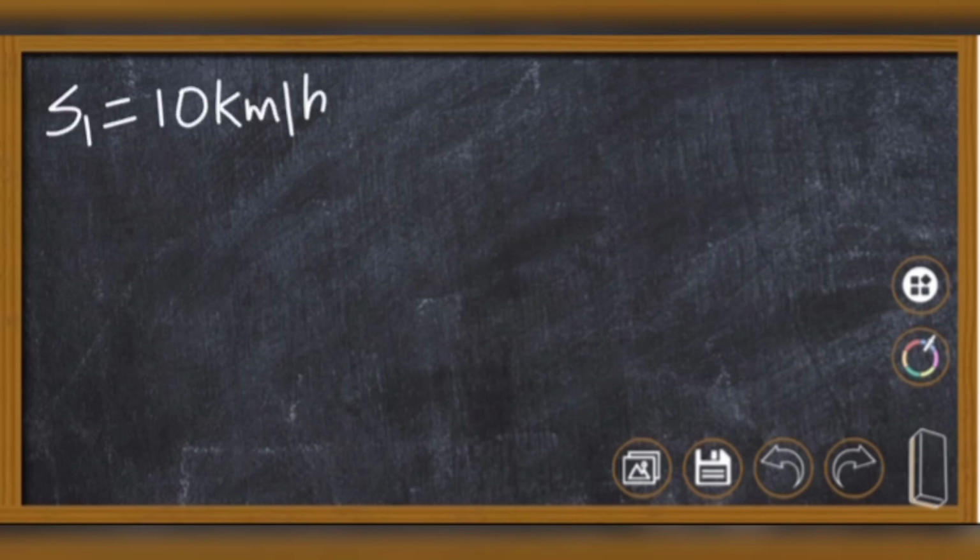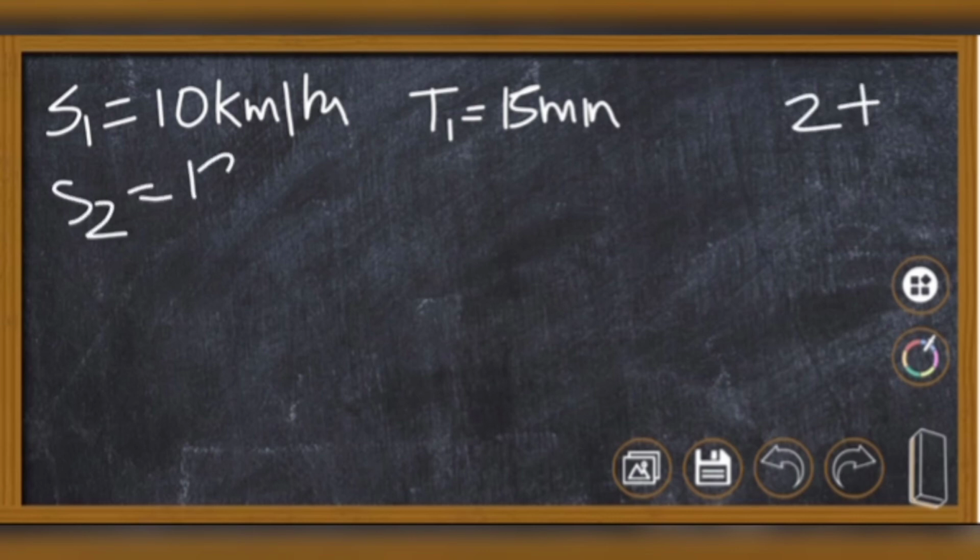Okay. Now S1 is equal to 10 and T1 is equal to 15. S2 is equal to, what is S2? It increases the speed by 2, so it becomes 12 km per hour. What is T2?